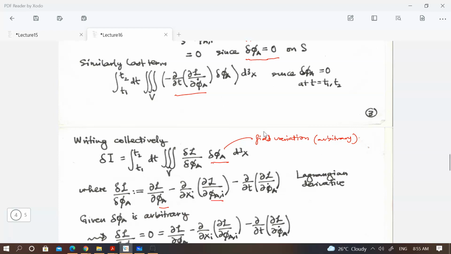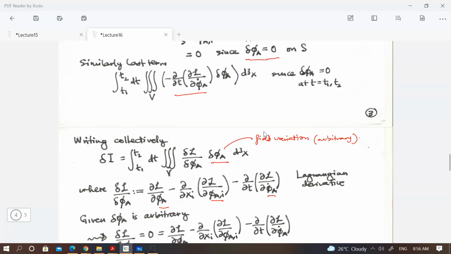Together with this total derivative in front, and then also your derivative of the fields with respect to time. That is from your second term earlier, and this is from your third term.